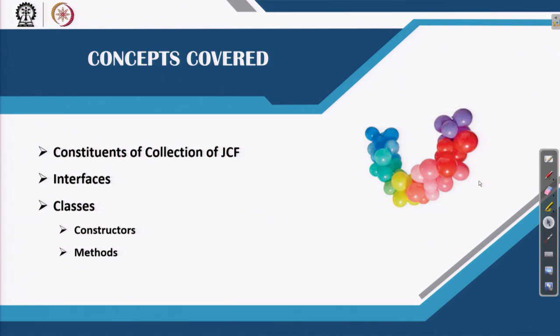So, we have to invest our time to understand these things. There is no programming at the moment while I discuss the constituents of the collection framework. Programming and everything will be discussed when we discuss the different data structures in due time.